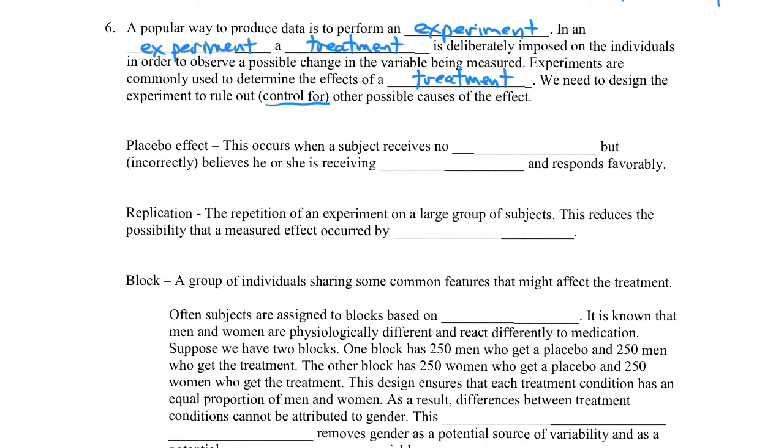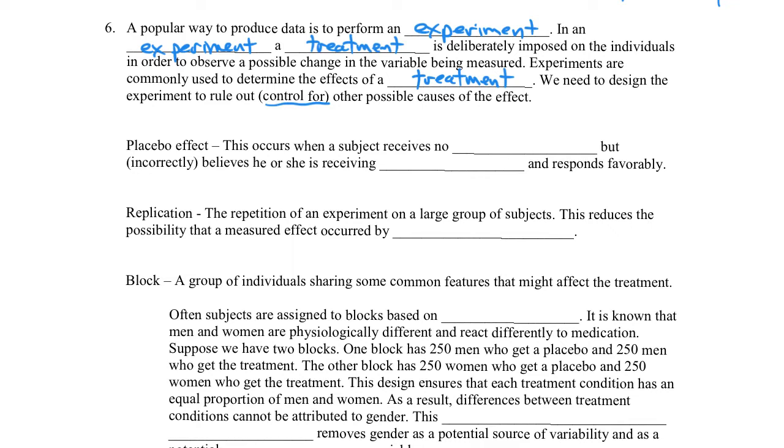Or we want to randomize it so that each group should have a roughly equal proportion of smokers. So we have to be alert for that. So we want to control other causes of the effect so that we can just look at this one change and see what is happening when we make this one change on one of the groups.